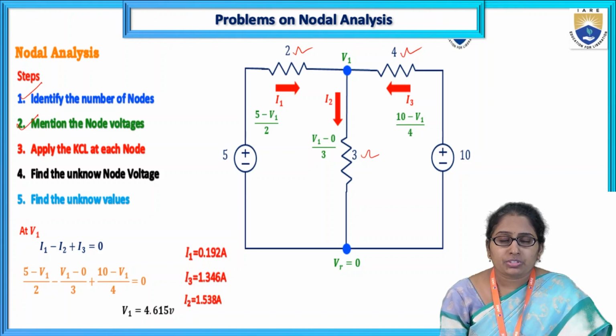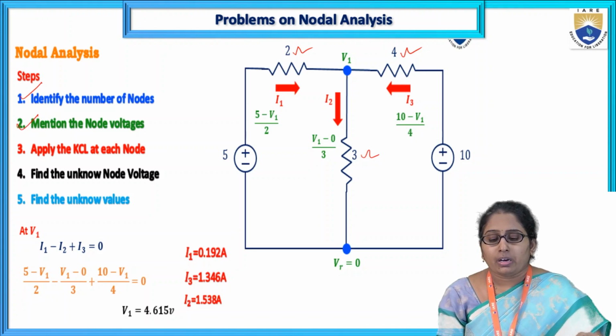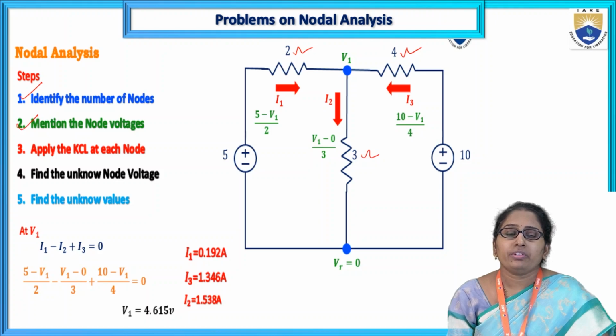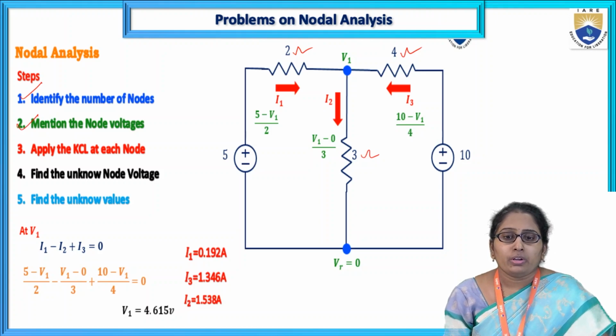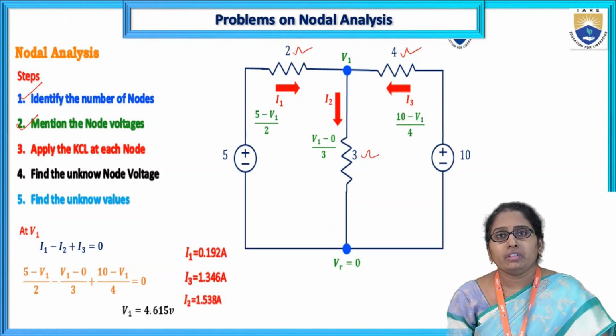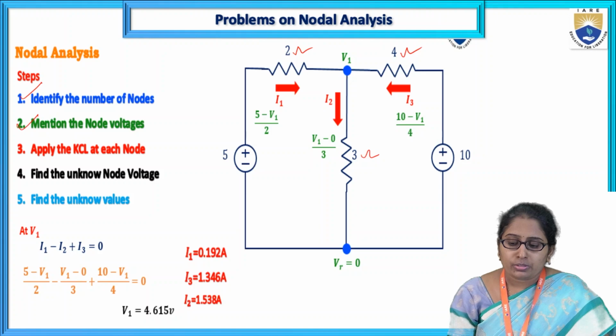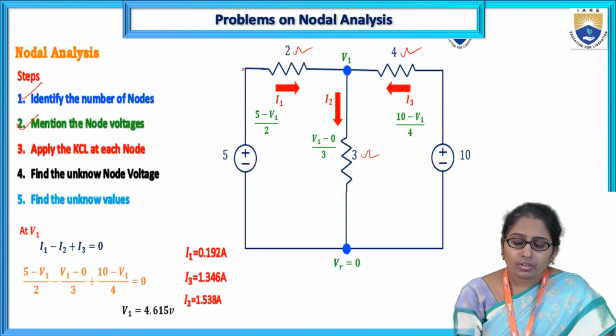So here first step, I'm going to identify the number of nodes. For that you need to recollect the definition of node. Node is nothing but a common point where more than two circuit elements are connected, right? That is called a node. So here if you start from the supply battery, the first point is not a node, yes or no?